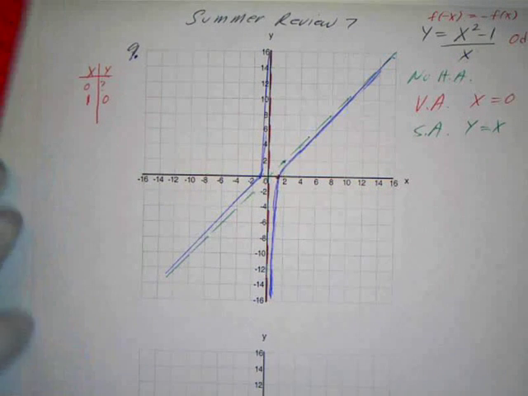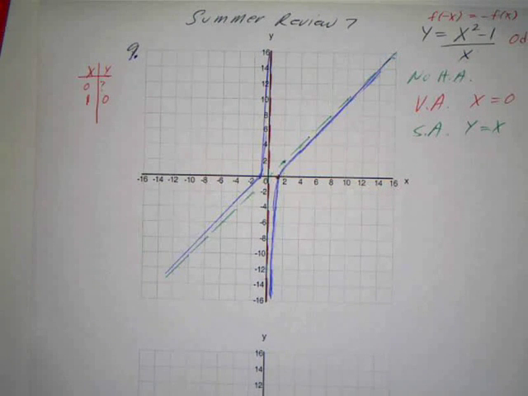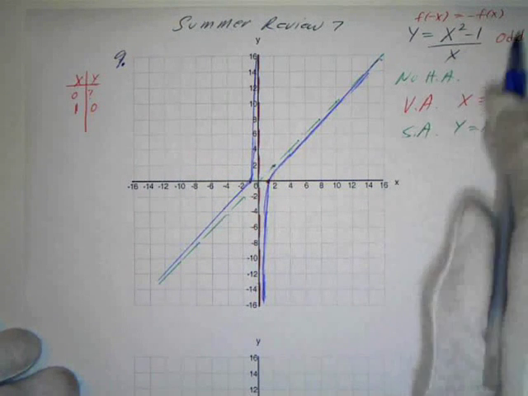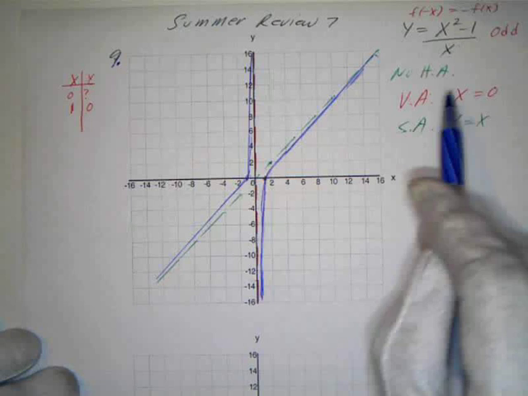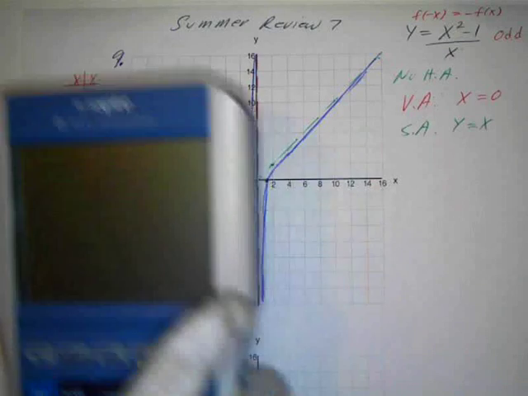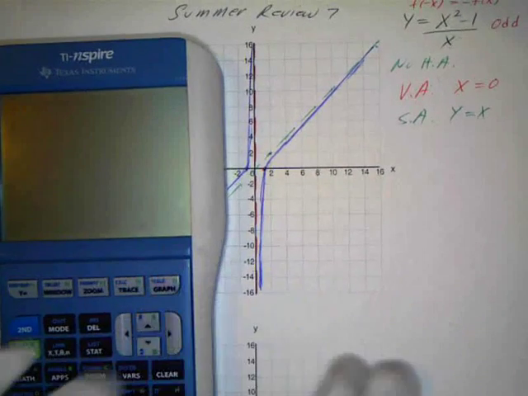All right, so let's see what it looks like in the calculator. So we got off cheap on that one because the odd function helped us and we only had a couple asymptotes to deal with, one vertical asymptote. So let's put this in the calculator and see how close we are.